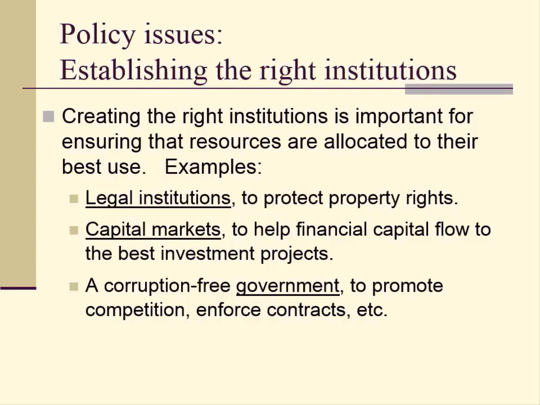For example, one, legal institutions to help protect property rights. Protecting property rights is important because it increases the incentive to invest, which will lead to an increase in capital that will lead to an increase in productivity.